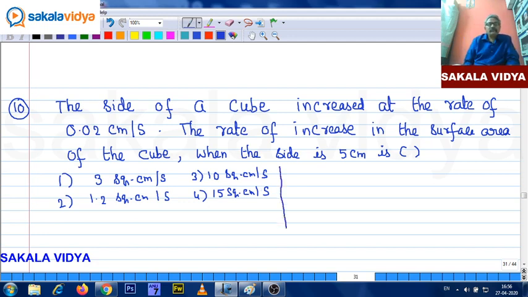Now, this problem is related to the cube. The side of a cube is increased at the rate of 0.02 centimeter per second. Rate of increase in the surface area of a cube. So, first we need to find out, let us say, let a be the side of a cube.